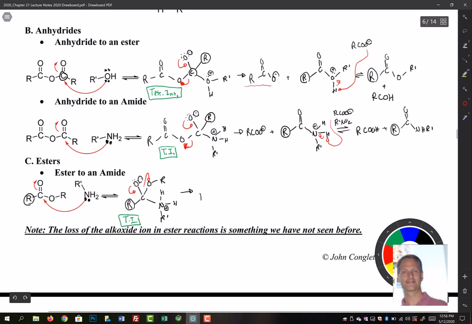That's going to give us an R carbonyl. You got your carbonyl there. Let's see, a nitrogen with your R prime and your H and a plus. And then down here, plus RO minus.